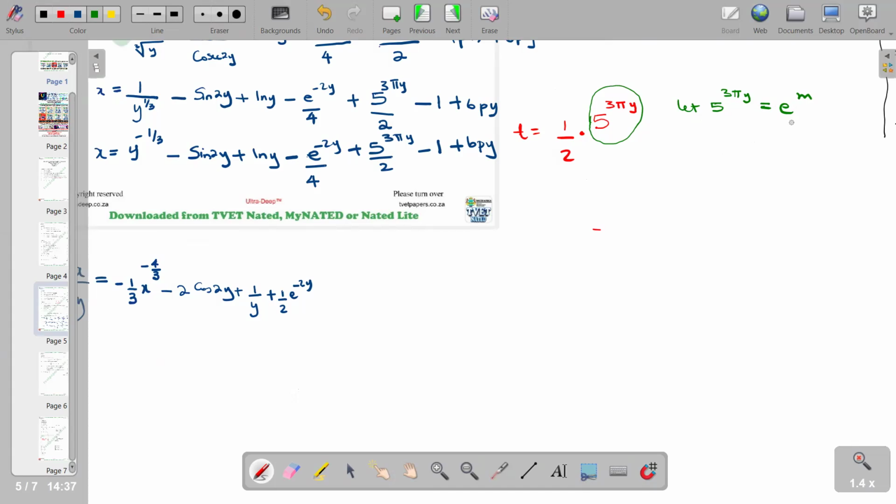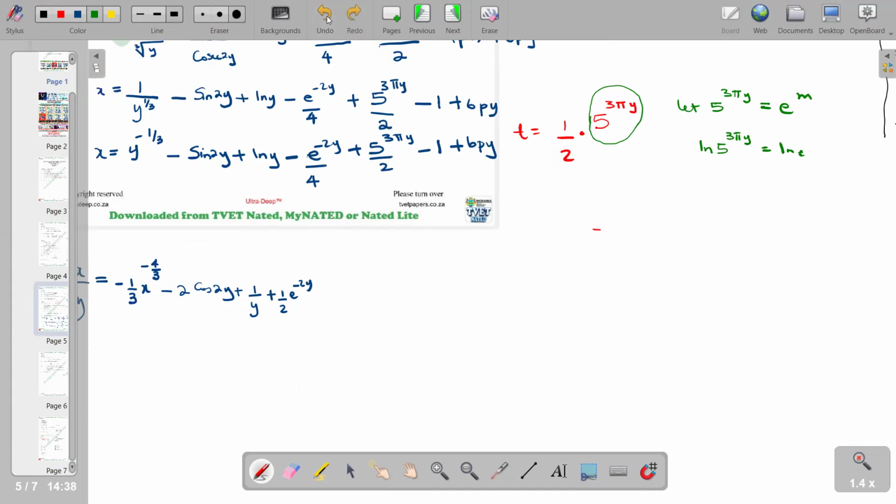So it means we introduce natural logarithms on both sides. So ln 5 to the power 3 pi y is equal to ln e to the power m.